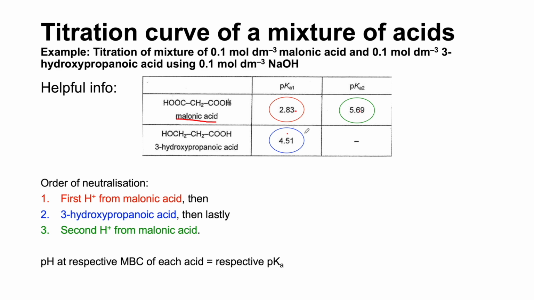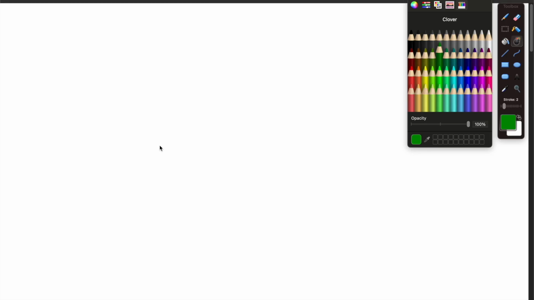So the first neutralization of malonic acid will occur, then the neutralization of 3-hydroxypropanoic acid, and then this neutralization, because it occurs in order of increasing pKa. There we have it. Note again that the pH at the respective maximum buffering capacities equals our respective pKa's.